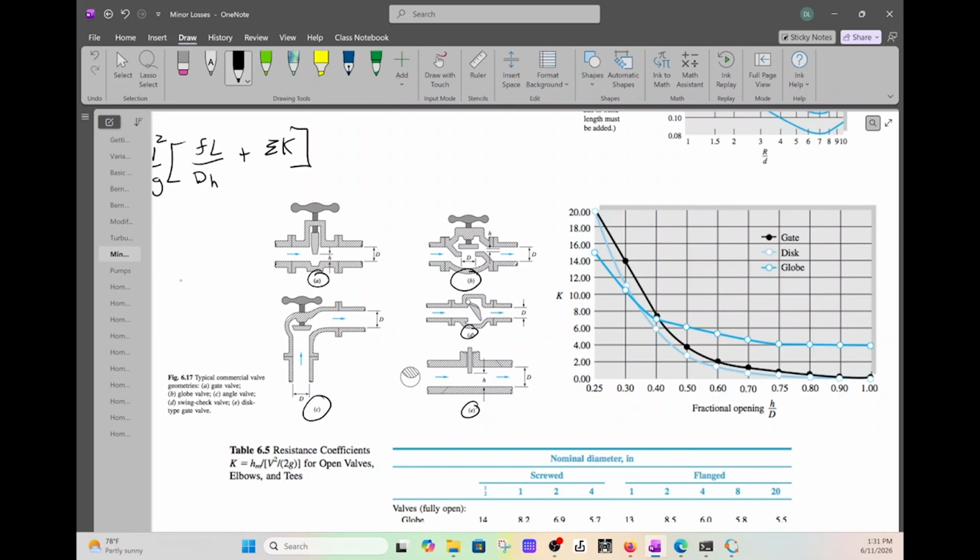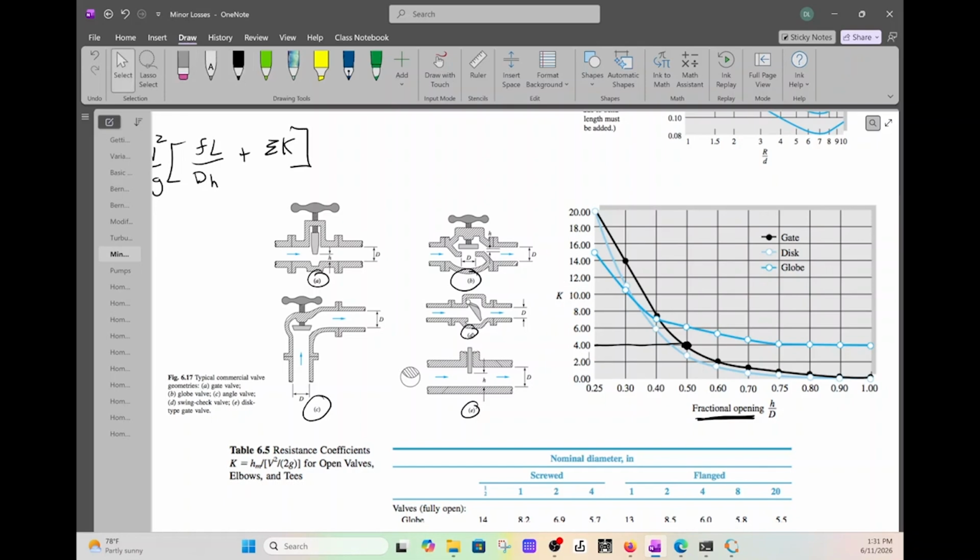Depending on the fractional opening of the valve, where 0.5 is half and 1 is fully open, and the type of valve, you're going to get a different K value. So if we're looking at this gate valve and it's half open, the K value would be 4. So you'd write that down.